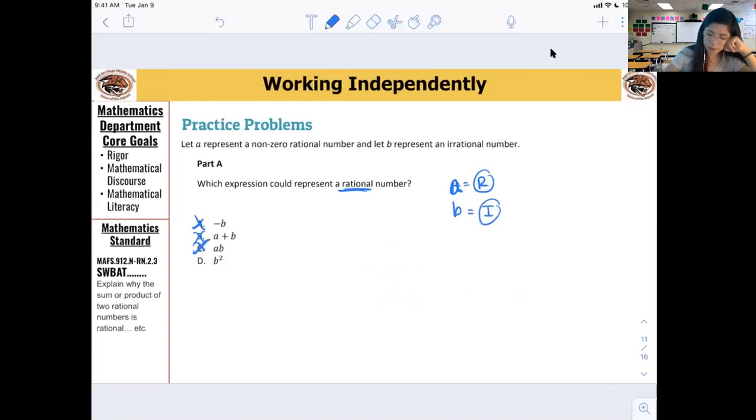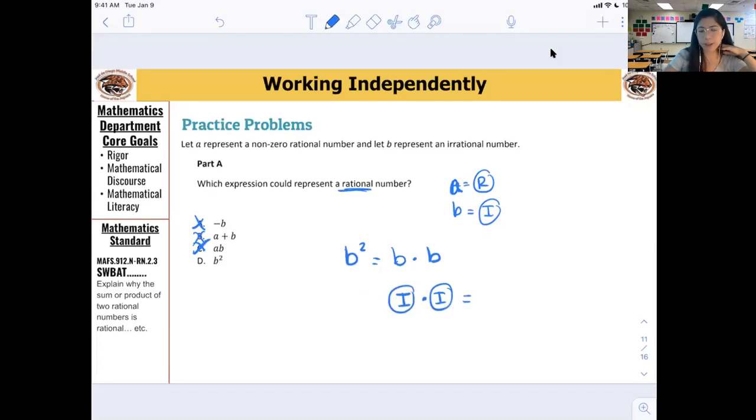B to the power of 2. When I take something to the second power, what am I doing to that number? Multiplying it. Multiplying by what? Itself. Right, so B squared is the same as B times B. So that means I have an irrational number times an irrational number.